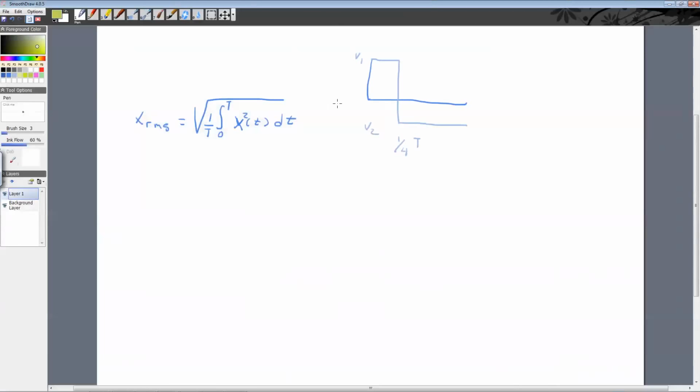Since we're integrating V squared, we get, and these aren't drawn to scale, V1 squared, V2 squared, and it doesn't change. So in fact, there's two integrations that we want to do.